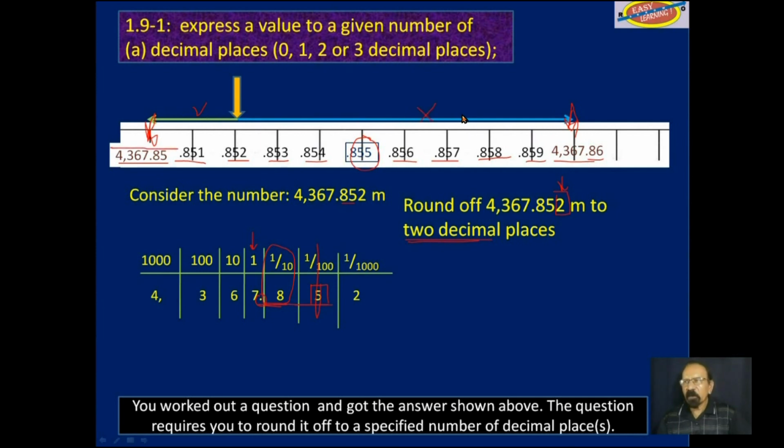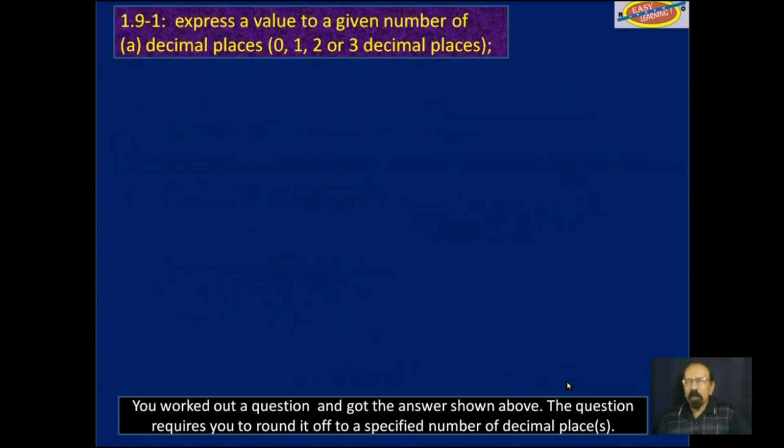So it is closer to this number that ends in the 5 than this one that ends in the 6. So let's consider our number again. We are rounding off here at the 5. Look at the digit on the right. If it is 4 or less, you just drop it. So our answer is 4,367.85 meters.